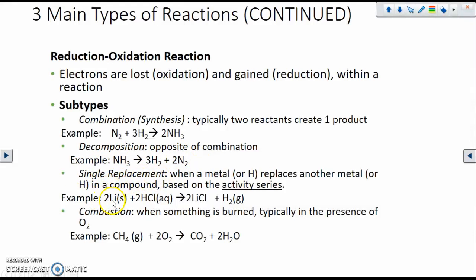Single replacement. Now, single replacement requires the use of your exam reference sheet again. Now, in this case, lithium is single and hydrogen is married to chlorine right now in hydrogen chloride or hydrochloric acid. Now, there's a possibility that lithium can knock out hydrogen from hydrochloric acid or not. How do we decide? We look at the activity series.